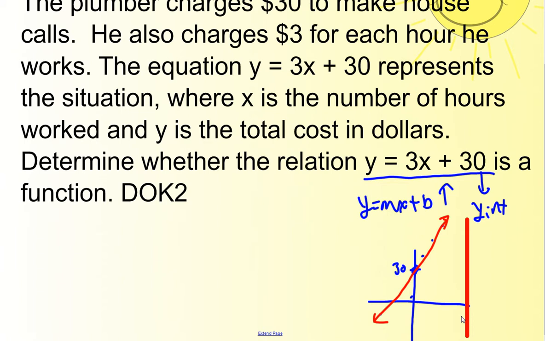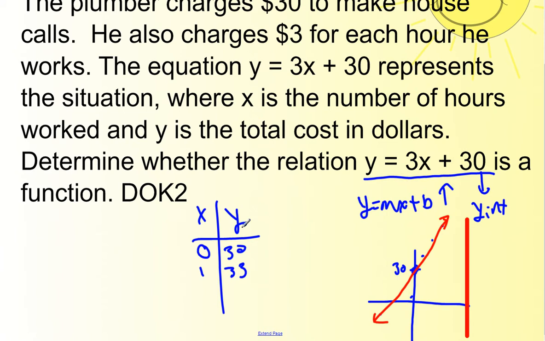We could come up with a table of values, an XY table, and go, okay, X, Y, you got your inputs and your outputs, and you plug in numbers like, well, when X is 0, Y is 30, and when X is 1, Y is 33. And you're going to find that for every value you plug in for X, you're only going to get one output. But this way is a bit less complete because you can't pick every single point.